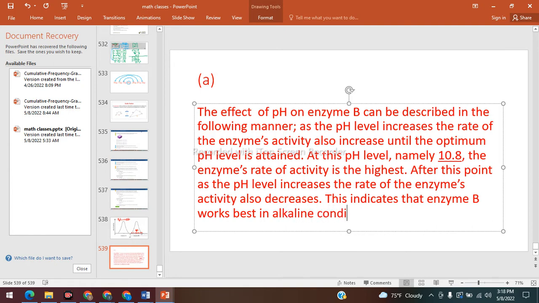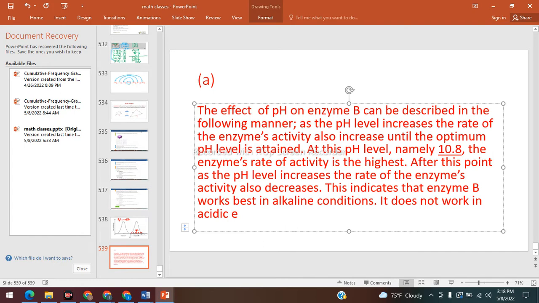Yeah, I guess so. It does not work in acidic environment, which is a pH below 7, right?